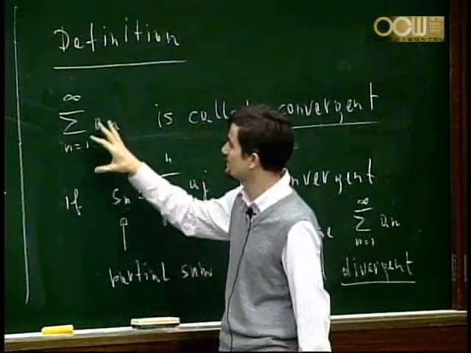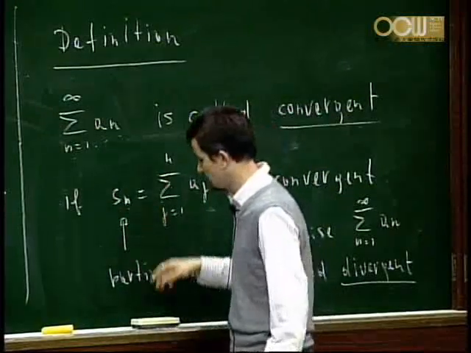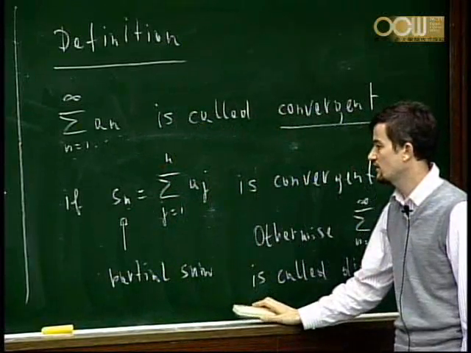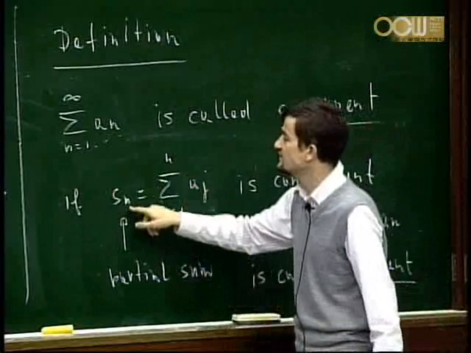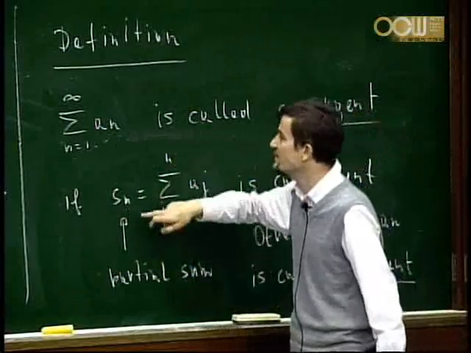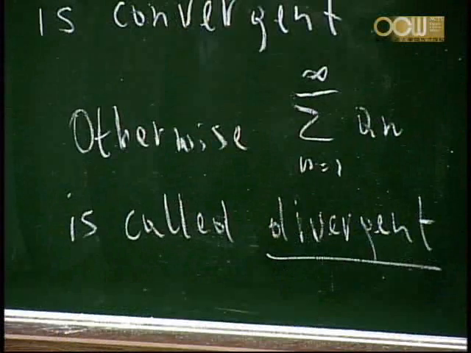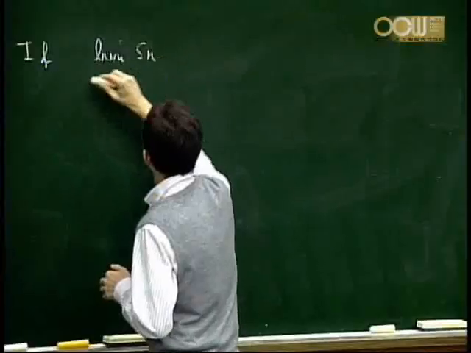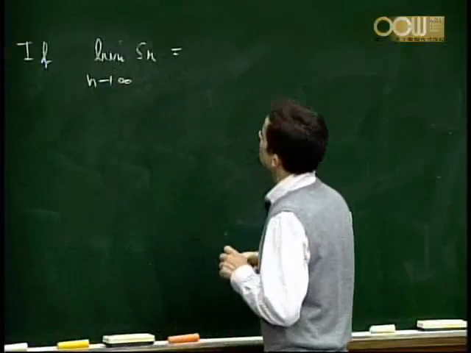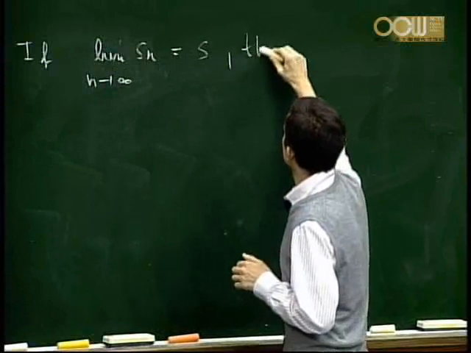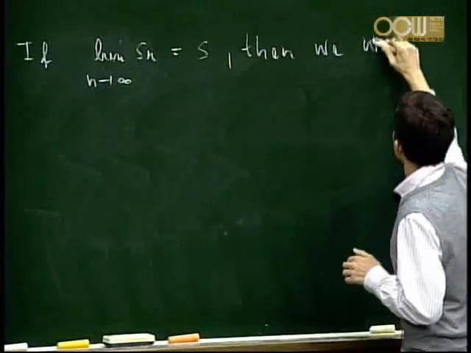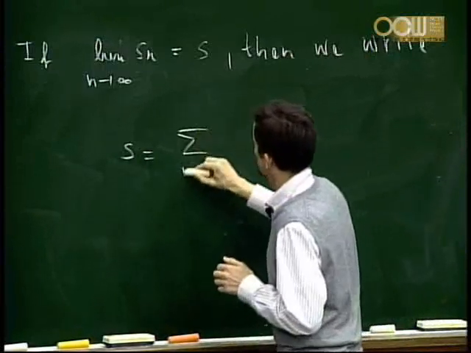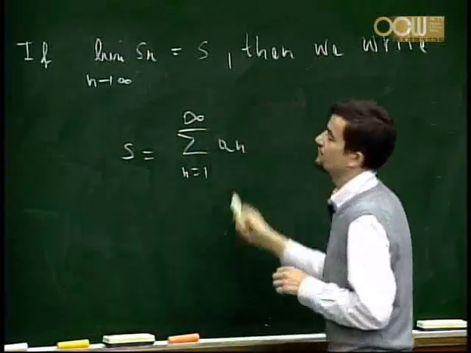It's just that we look at the natural sequence of partial sums, and if this sequence converges to a limit, this limit will be the sum of the series. So if the limit of the partial sums is equal to S, then we write that the value of this series is equal to S.